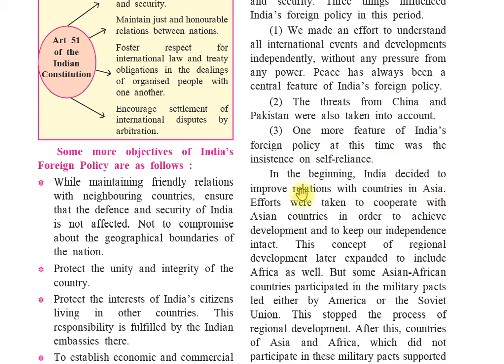So in the starting, we tried to establish good relations with all the Asian countries. Efforts were taken to cooperate with Asian countries in order to achieve development and to keep our independence intact.